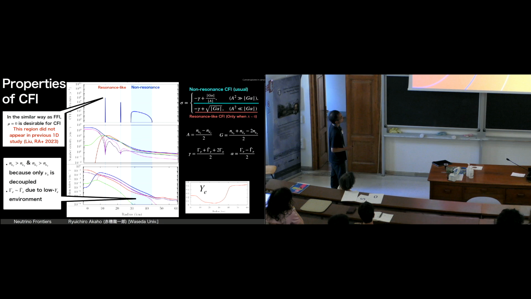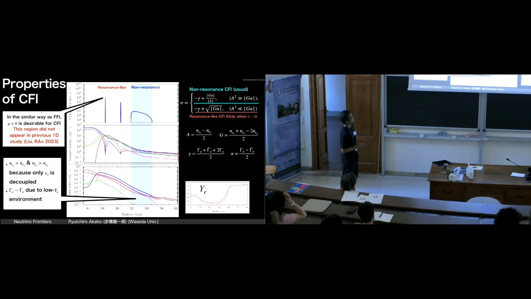Maybe the order is not good. I will move on to the properties of CFI. So maybe you may not follow, but the growth rate of the collisional flavor instability I showed before can be expressed like this with these two limits.